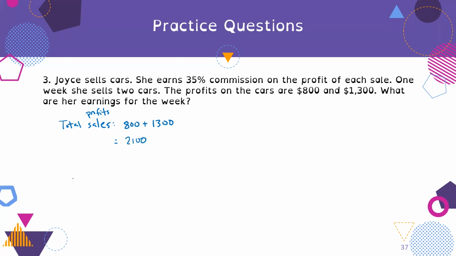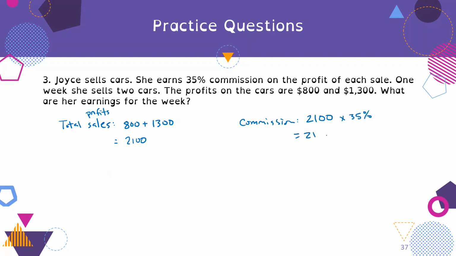So then commission for Joyce is your sales, how much the sales are. So 2,100 times your commission rate, which is 35%.